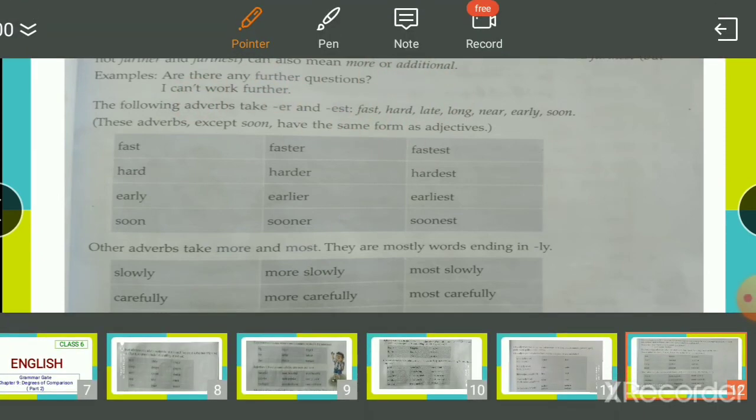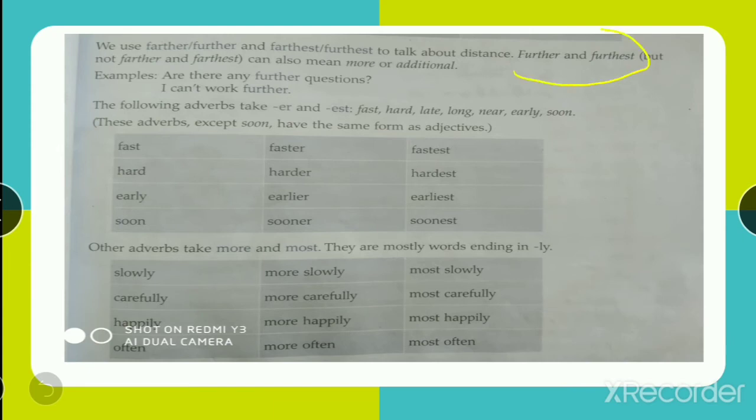Now see, these words, further and furthest, do not only mean distance. Further can also mean next, or more, or additional, something more. See, example is given over here. Are there any further questions? I can't work further means और मैं ज़्यादा काम नहीं कर सकता, और ज़्यादा questions है क्या? Something more. Okay, it does not only mean distance, it can also mean something more. Is it understood?